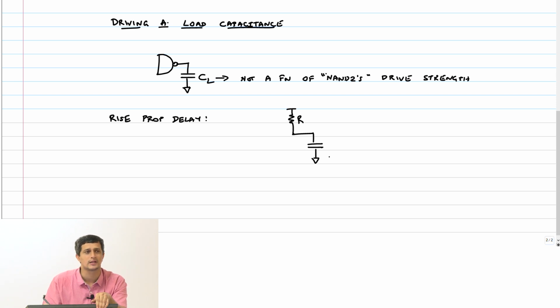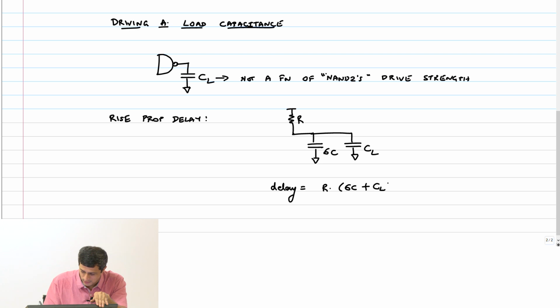How much is the parasitic capacitance for the NAND at the output node? 6C, 2C from each of the 2 PMOSes and 2C from the NMOS. 6C, and then I have a CL. Therefore, the delay is now simply going to be R into 6C plus CL.